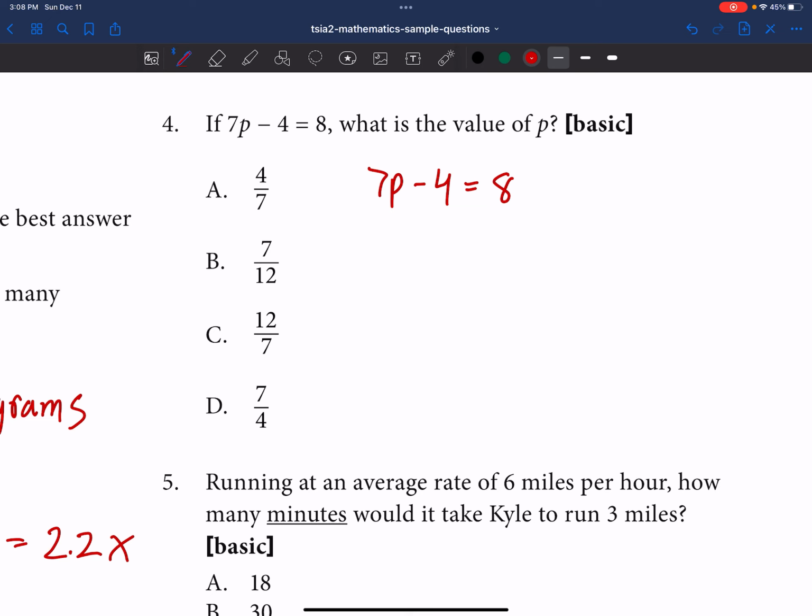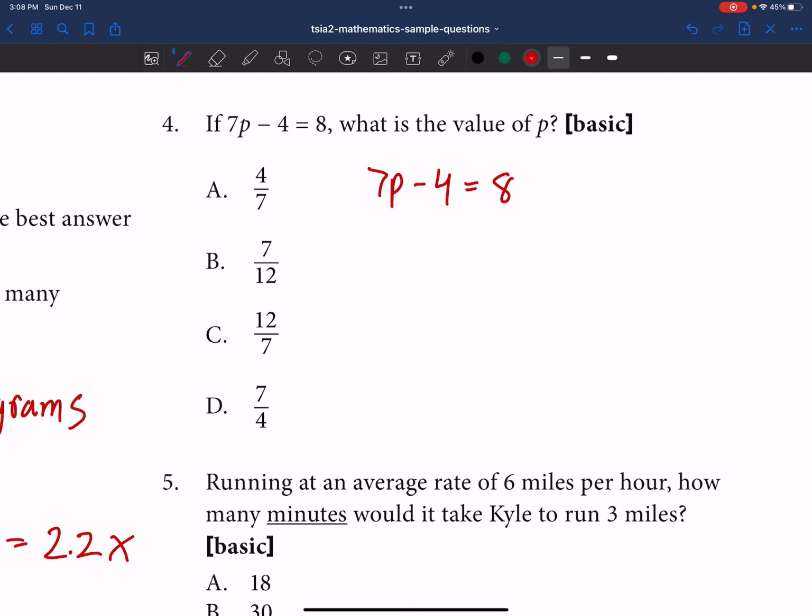Now, you could divide by 7 first, or you could add 4 first. It doesn't really matter, but adding 4 is the easier option. Reason being, if you choose to divide by 7, then you divide this guy by 7, this guy by 7, and this guy by 7, and then you're entering fraction territory.